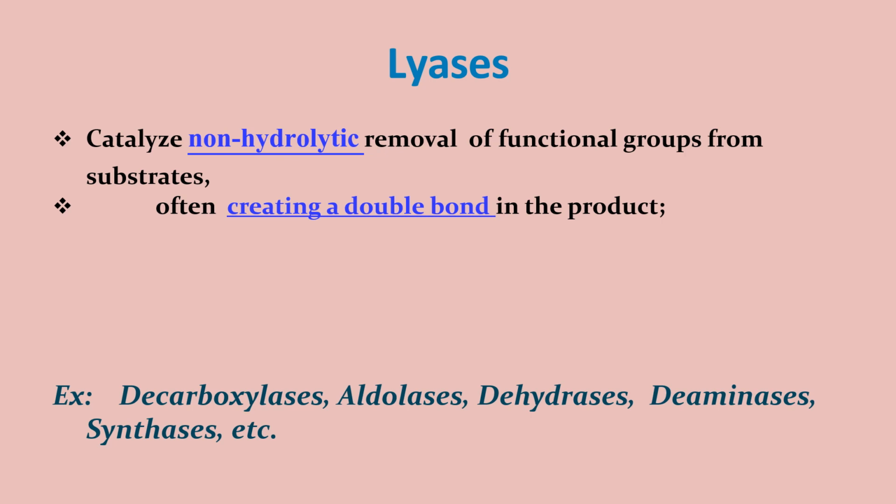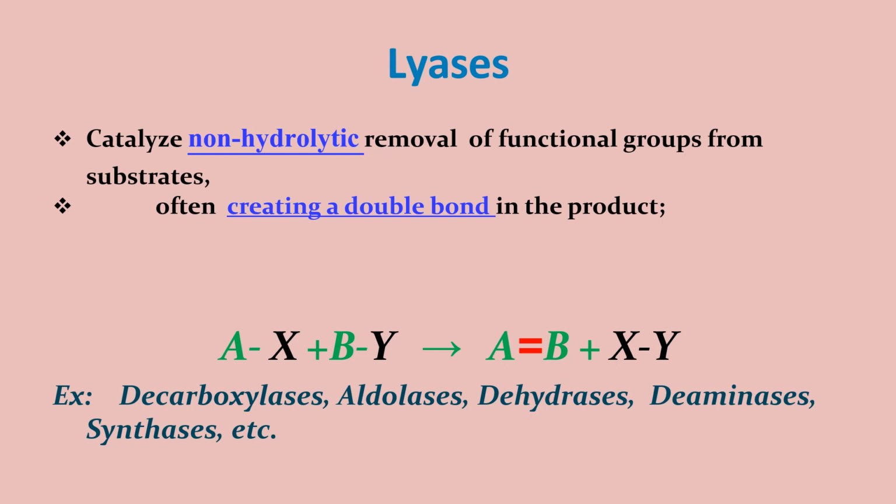The group of enzymes which are called lyases will catalyze removal of a functional group. So here we have functional groups like X, which could be one functional group, and Y could be another functional group. So these are removed away, and in the process there is a linkage between A and B, as you can see with the double bond.